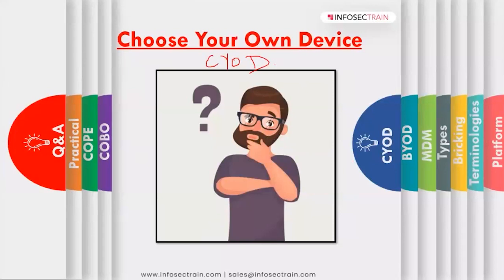You can pick any one that you want, right? So you will be choosing your mobile phone, the company will be giving you that, and all the work of the organization will be done using this device, right? So that is the policy, choose your own device.